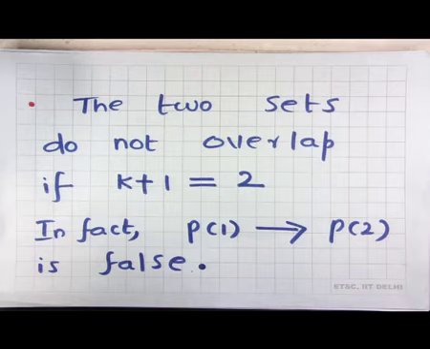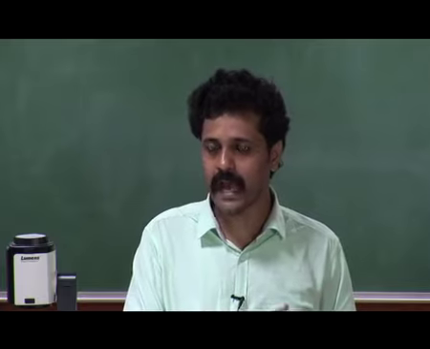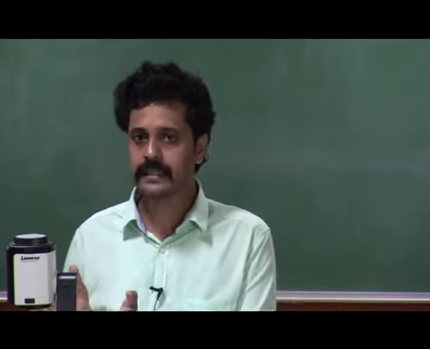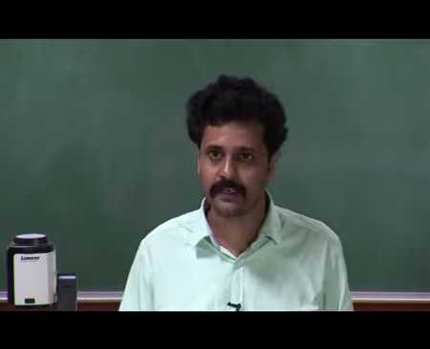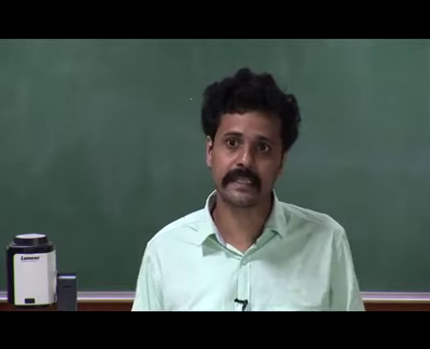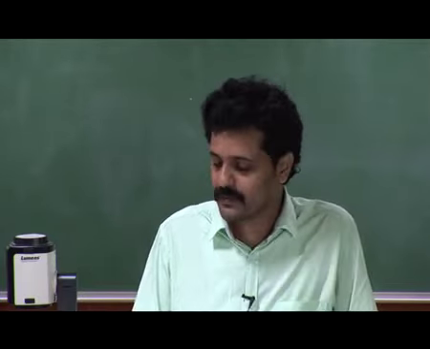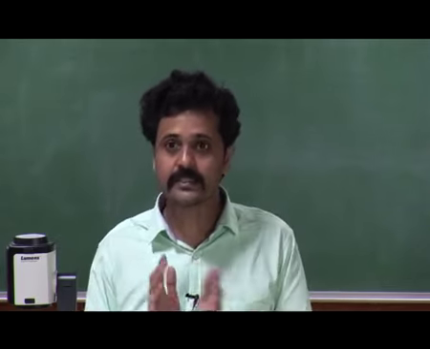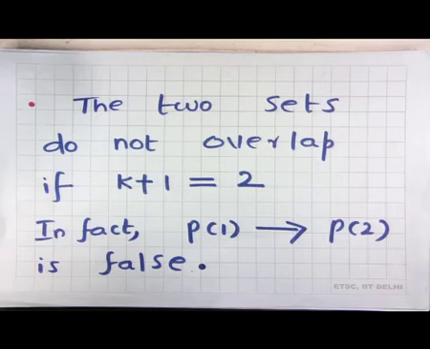Now, the mistake in the second step, the inductive step, is the following. We argued that the first set of k horses have the same color, the last set of k horses have the same color, and these two sets overlap. But these two sets may not always overlap.